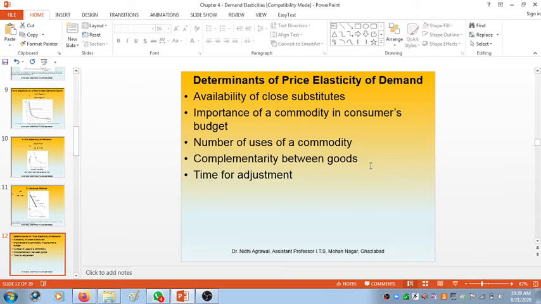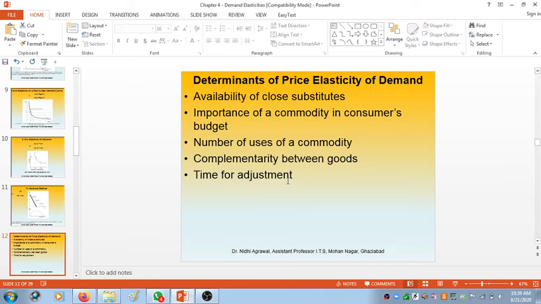Complementarity between goods. If two goods are complementary items, because these are joint commodities, or you can say are used in a fixed ratio, then if the price of one commodity is increasing, the demand for the other will decrease. We will understand this concept clearly in case of cross elasticity of demand. And the time for adjustment, short run and long run. In the short run, we have very little time for making adjustments in our demand requirements.